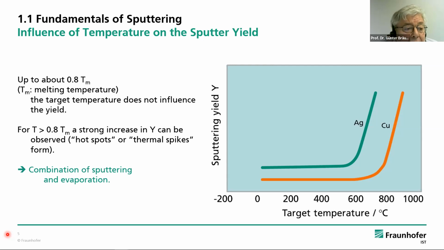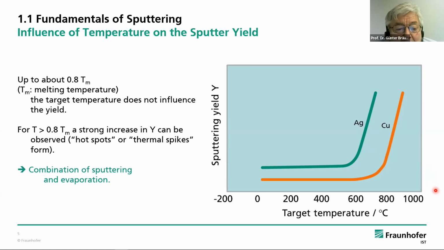But then if you go up to about 0.8 of the melting temperature of a material, then you have a huge increase of the sputtering yield. And that's what we observed during my last days at Leibold. We did already such experiments, and we repeated such experiments, especially with SiO2 here in Fraunhofer IST, and the results were very encouraging.